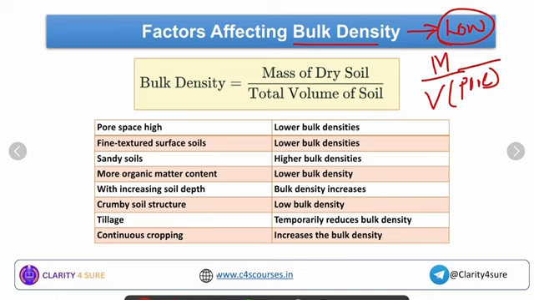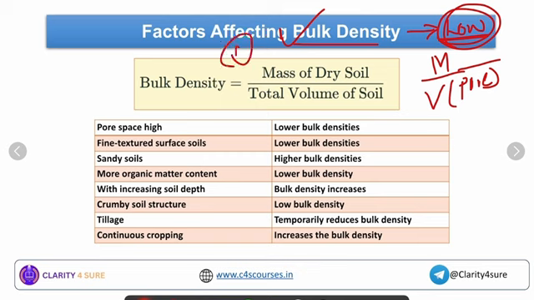We know the crumb structure of the soil particle is ideal for agriculture, which means it is going to have low bulk density. Please keep it this way in your mind so you will not get confused. So what is ideal for us? A low bulk density, and with different processes and agronomic practices, we will try to reduce that bulk density.